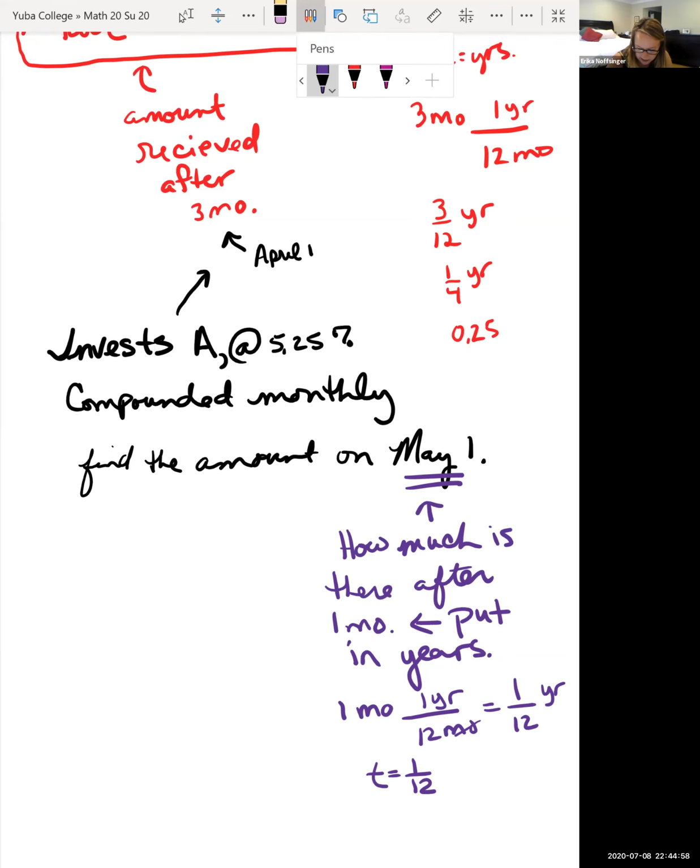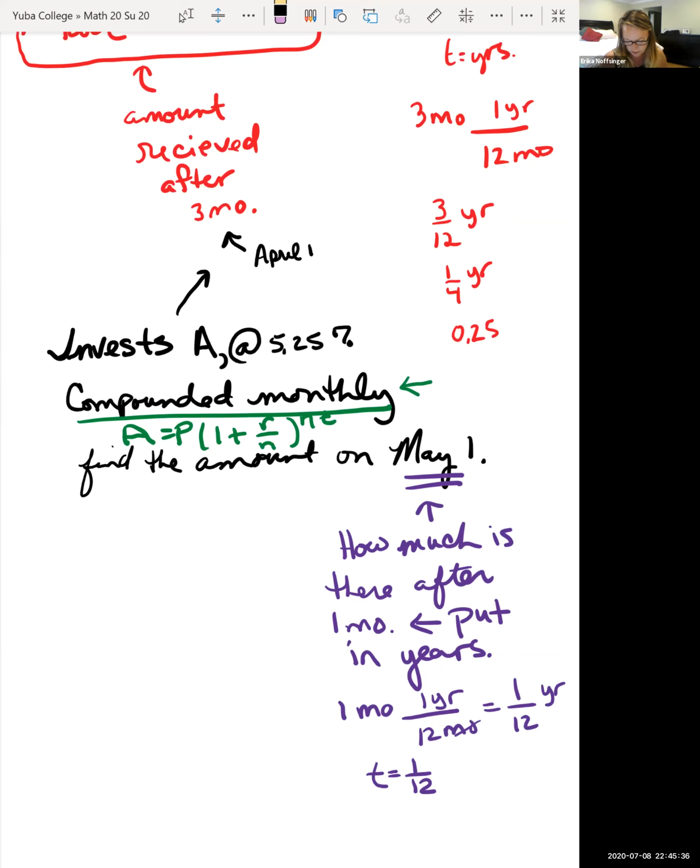Compounded monthly, I've got to look at that formula. So the amount that you get back is equal to your principal, which is what we just got back here, all times 1 plus your interest rate, R, over N, the number of times it's compounded a year, all raised to NT. Monthly tells me that N is 12. 5.25%, so we know what R is.